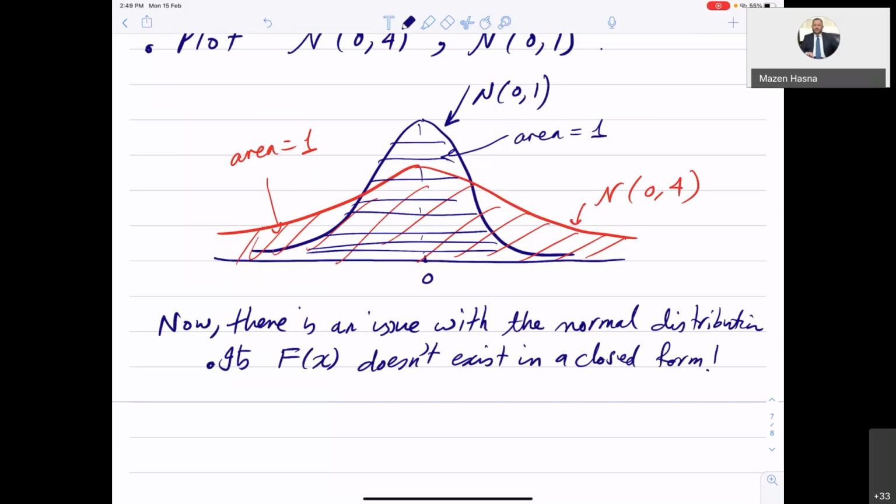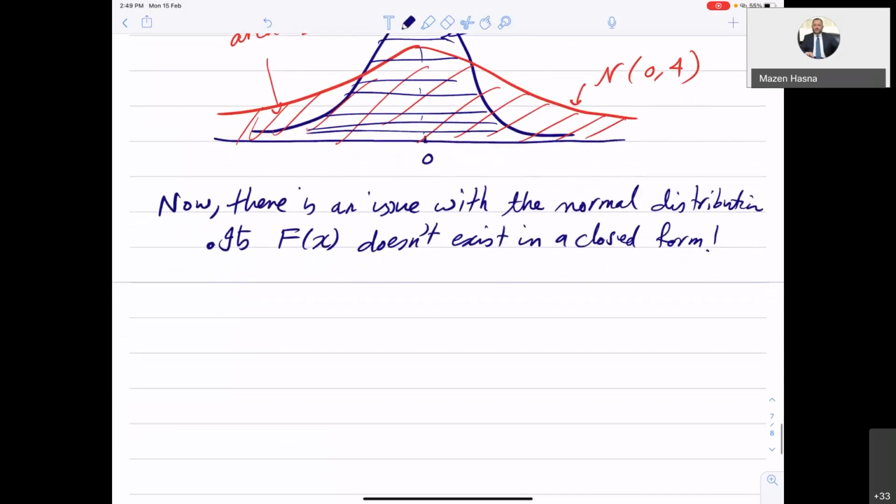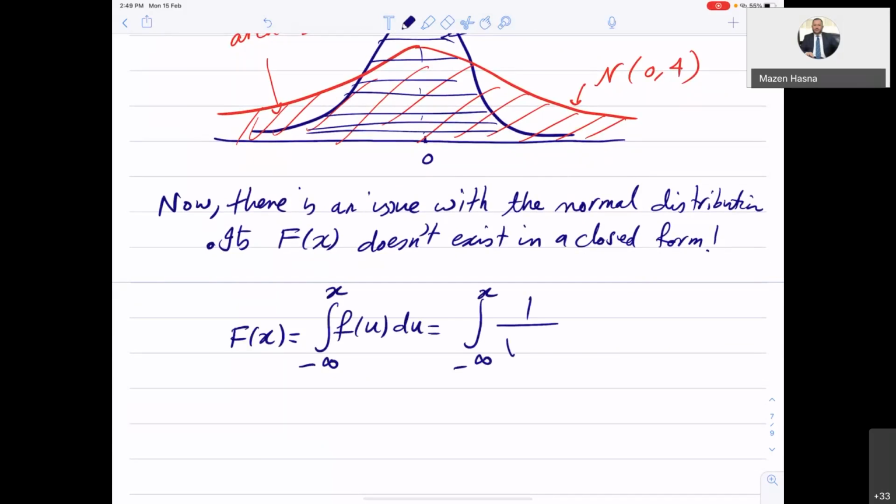There is no expression for capital F of x. Now we define it. F of x is defined like this, right? Integration from minus infinity to x of f of u du, which in this case is 1 over the square root of 2 pi sigma squared, e to the minus (u minus mu) squared over 2 sigma squared, du.